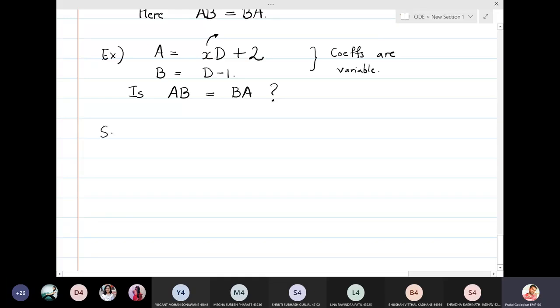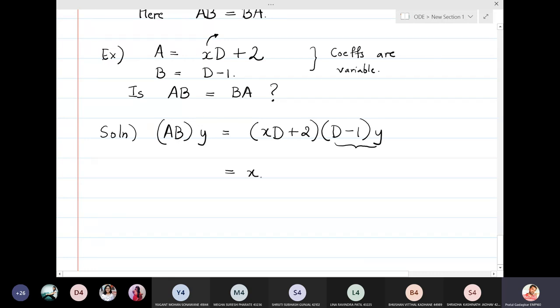So let us calculate AB by our old method, which is ABy equal to xD plus 2, B is what? B is D minus 1, y. So first we will solve this part. So it is xD plus 2 into this, which will be Dy minus y.